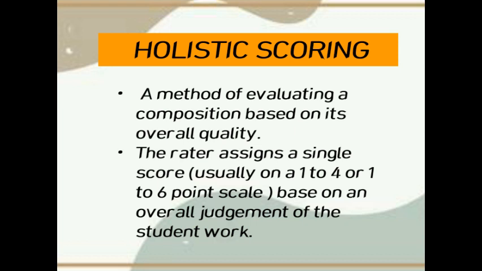The Test of Written English scale that I mentioned previously is an example of holistic scoring, wherein each point on the holistic scale is given a systematic set of descriptors, and the reader-evaluator matches an overall impression with the descriptors to arrive at a score. With a holistic rubric, the reader assigns a single score, usually on a 1 to 4 or 1 to 6 point scale, based on an overall judgment of the student's work.